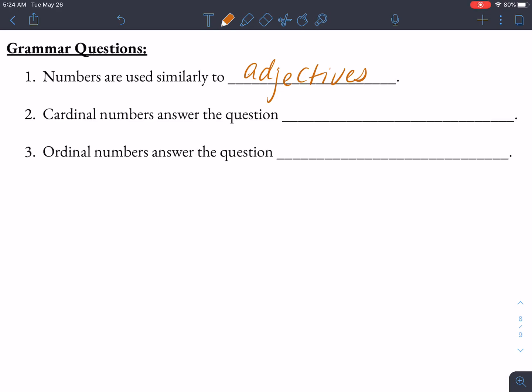All right, number 2, cardinal numbers. Remember, cardinal is for counting. Counting asks the question, how many? All right. How many candles do you have, Magistra? I have 3 candles. Okay, ordinal numbers answer the question, which one?